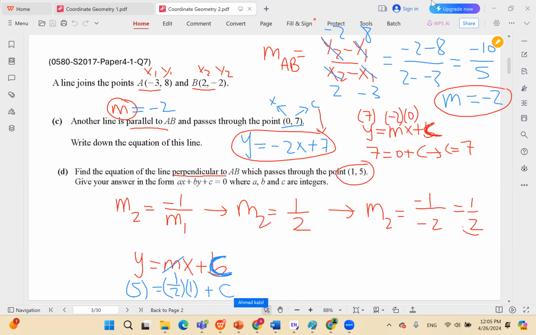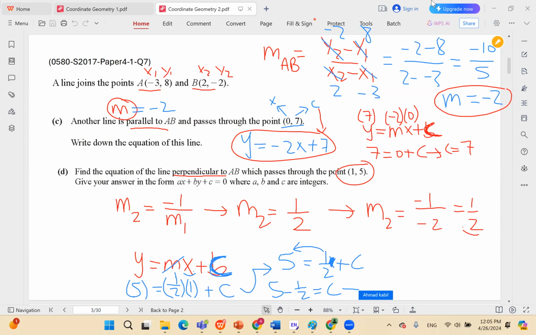I apologize if this is confusing. So 5 equals half plus c. So you take the half to the other side. So 5 minus half equals c.